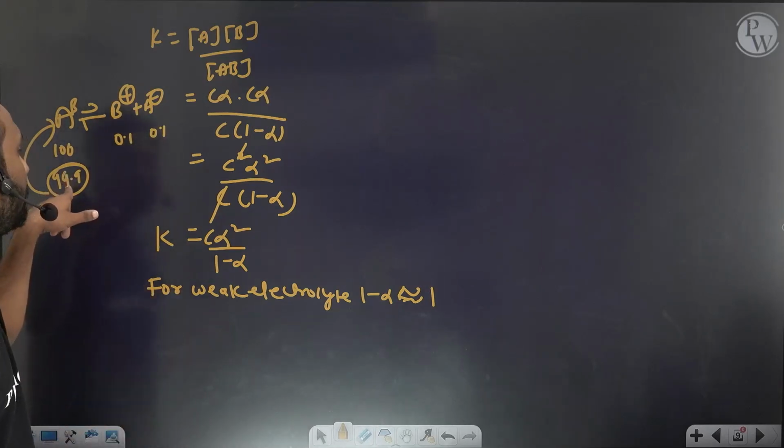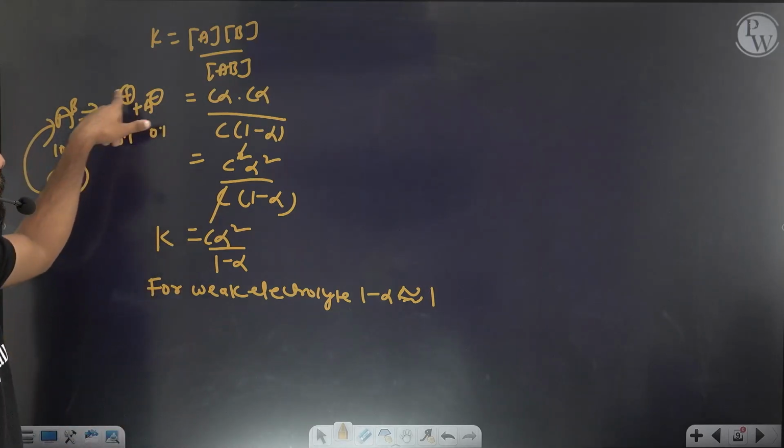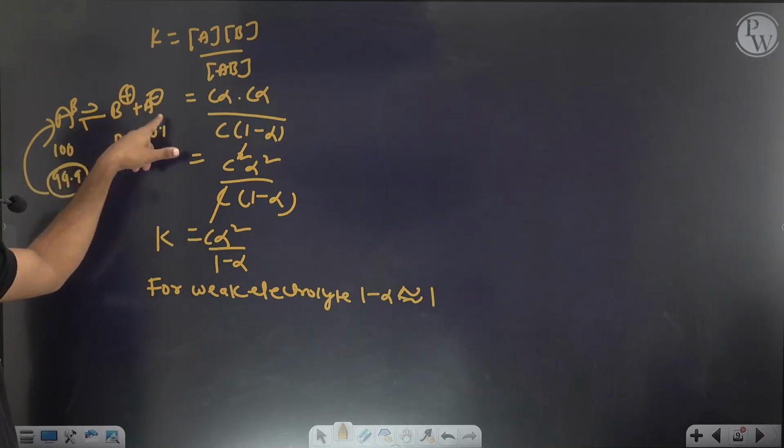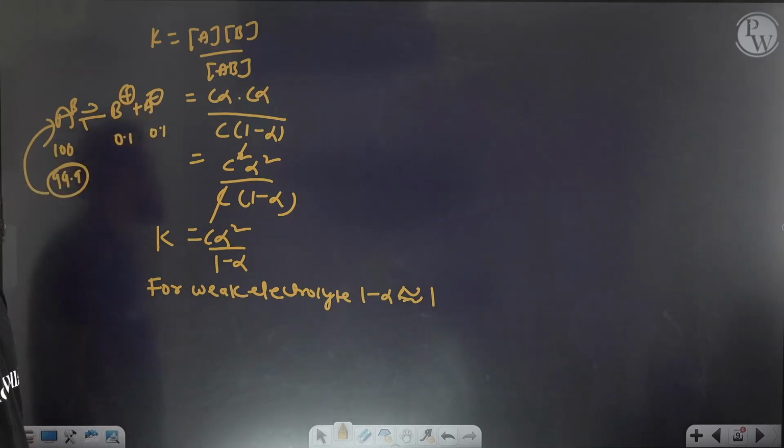In comparison with 100, the 0.1 dissociation is very less.